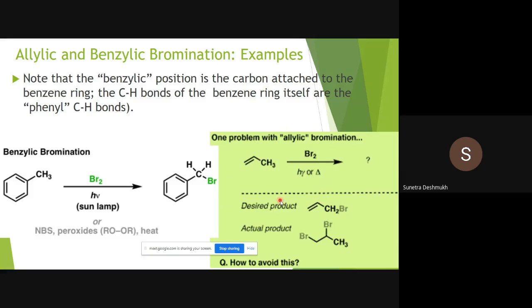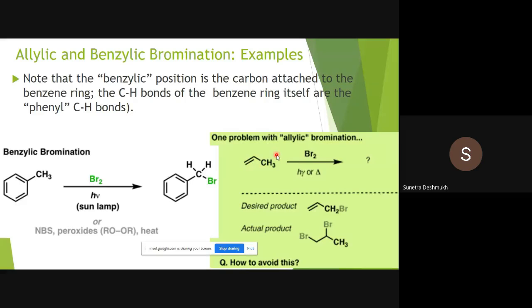This is the desired product, but what you actually get is the dibromide product. This Br2 gets added to the carbon-carbon double bond through a bromonium, that means cyclic three-membered, transition state, formed by addition of Br plus. We will see the mechanism on the next slide.